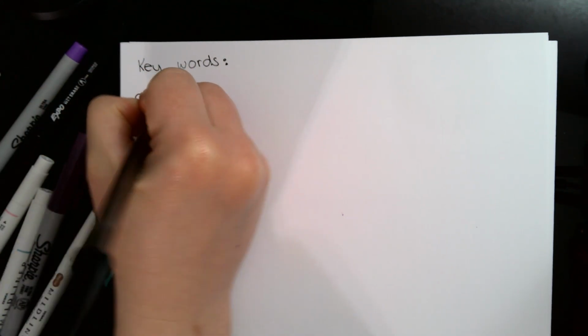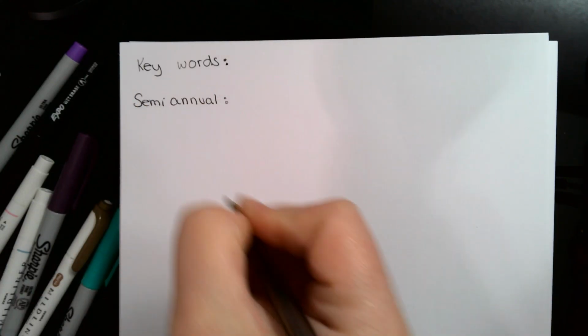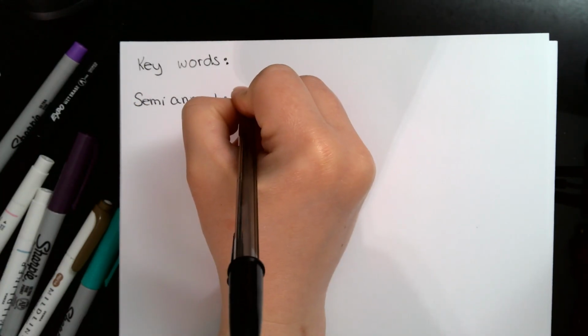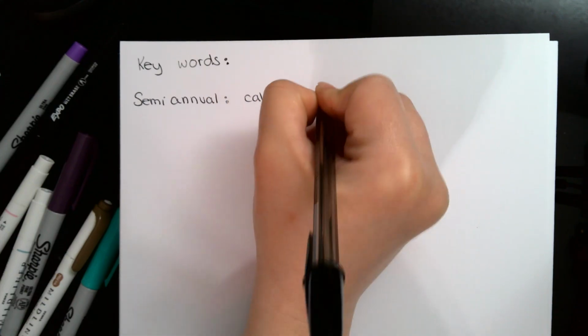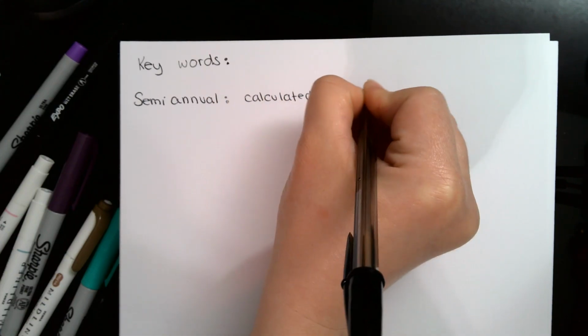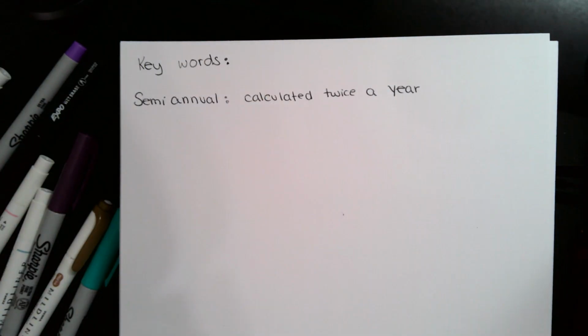All right, so let's start with semi-annually. Semi-annual means that it is calculated twice a year. So each year, your interest is going to be calculated twice.